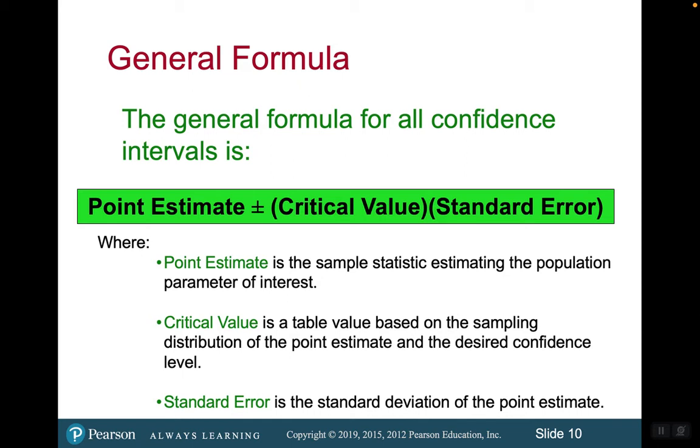All right, so if we're going to do the mean, we'll take a sample. We will calculate the mean for that sample, and then apply it to the population to make an estimate of what the population is, with a qualification of our critical value and our standard error.